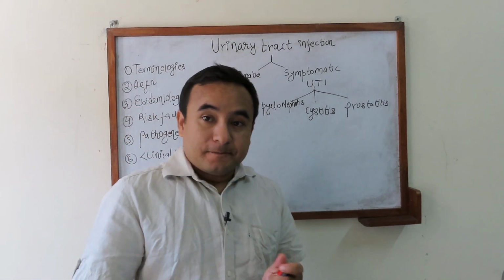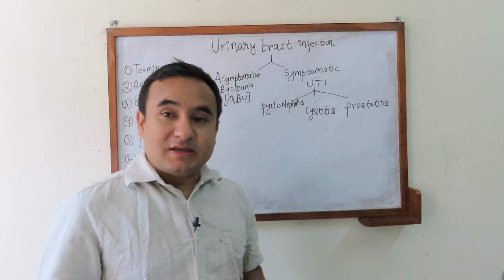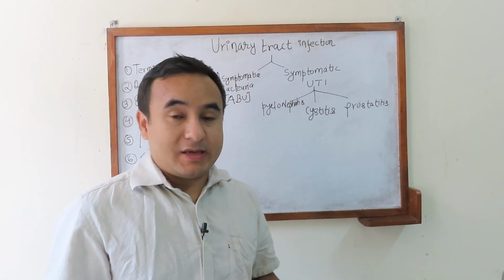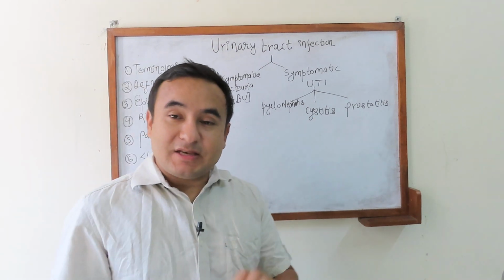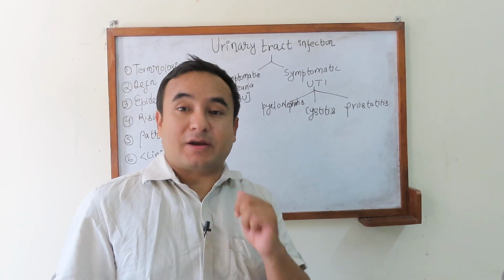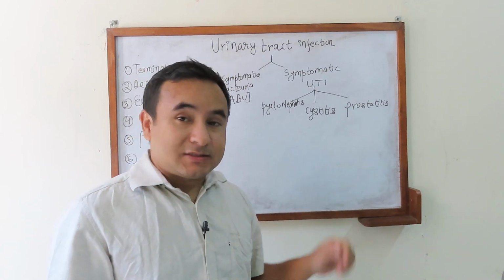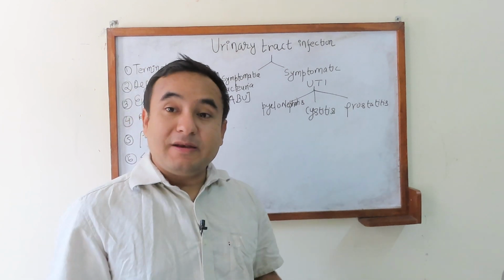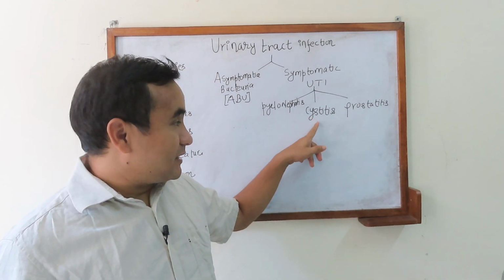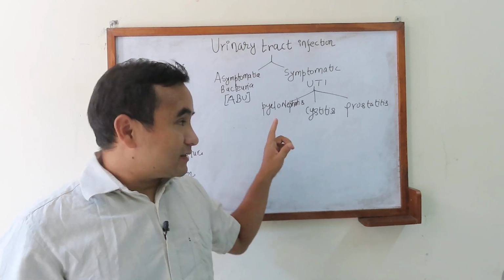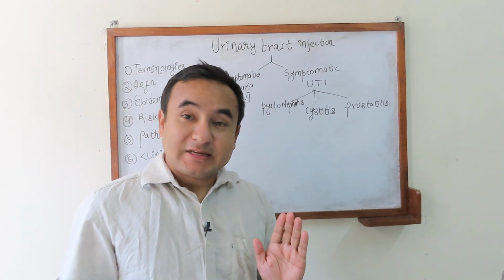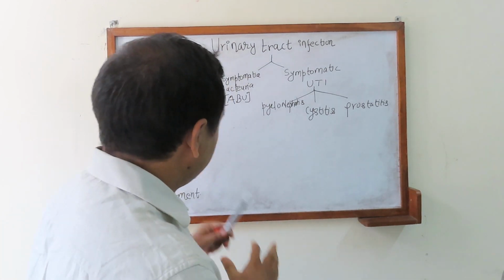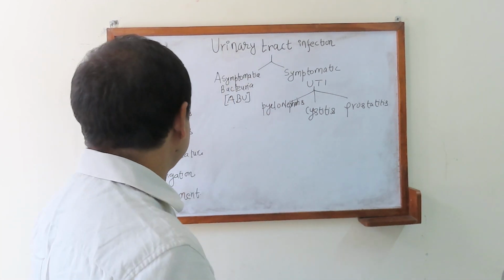So, pyelonephritis is the infection of the renal parenchyma, okay, and cystitis is the infection of the urinary bladder, and prostatitis is an infection of the prostate that occurs in males. Okay, so cystitis is bladder infection, pyelonephritis is kidney parenchyma infection. Okay. So, these are the terminologies.